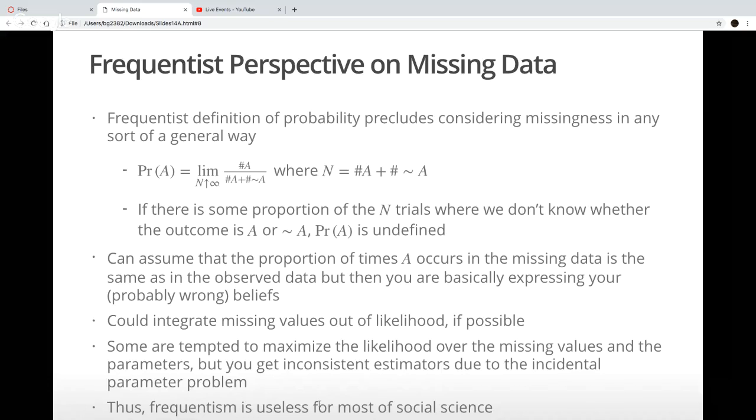So yeah, you could do numerical integral, simulated integral stuff, but then you're just sort of doing MCMC anyway. So you might as well take the Bayesian approach.